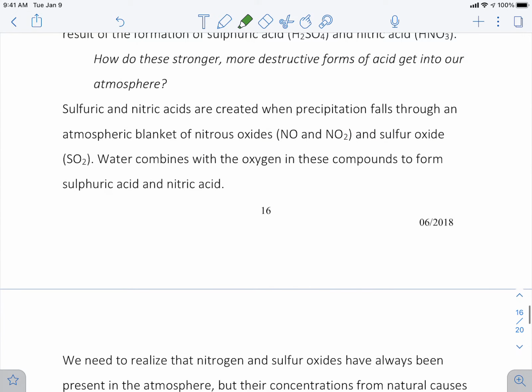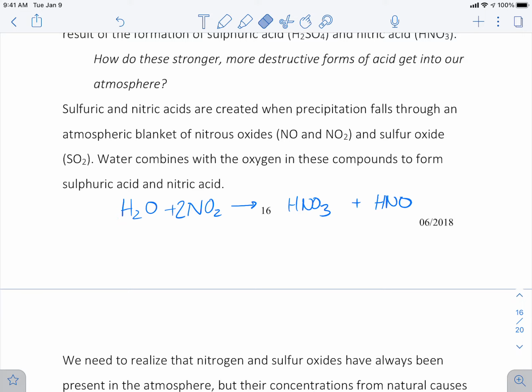So we can write these formulas out. I'm not sure if my pen is going to make it through this, but the water can be added to NO2, and the result is you get HNO3. I believe you need 2 of these, and 1 of those.